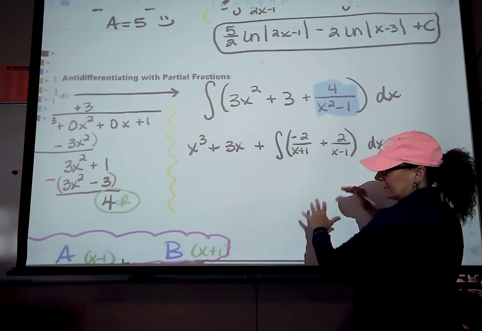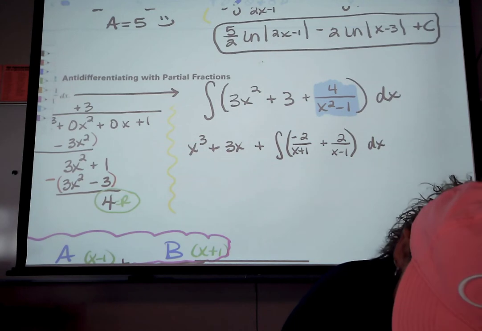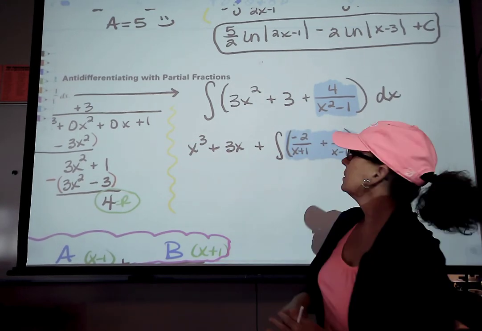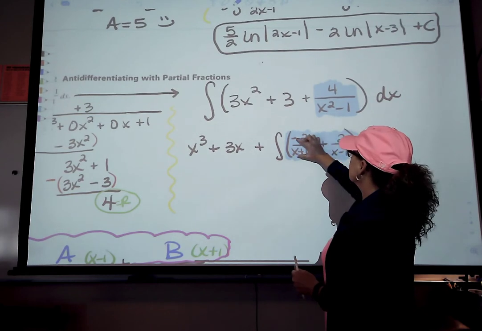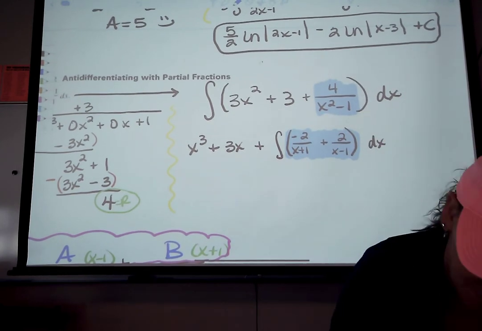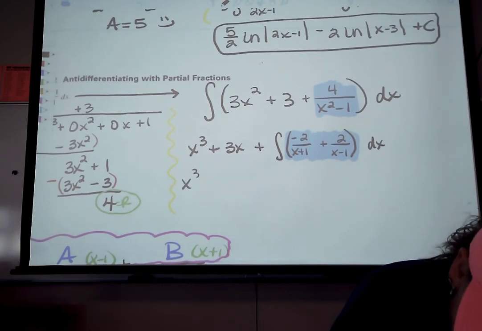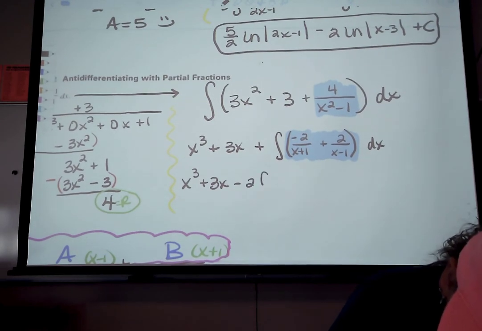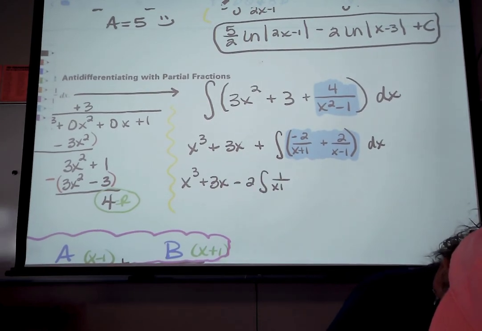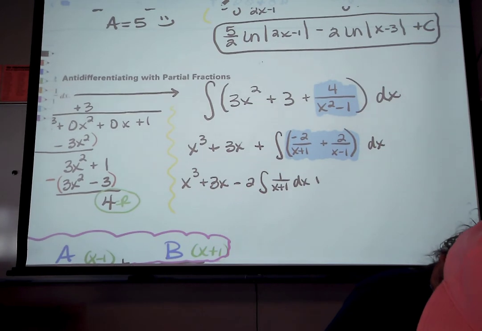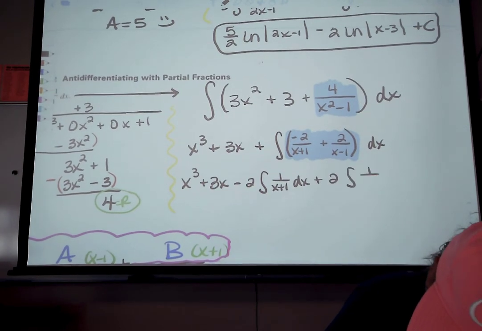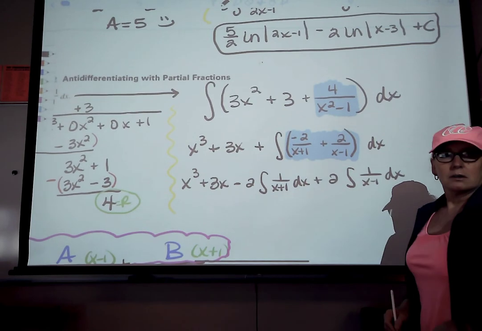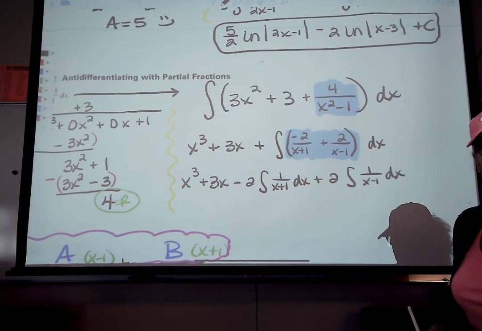It might help. Okay, so we changed this fraction to these. This may help you, this may not, I'm not sure.